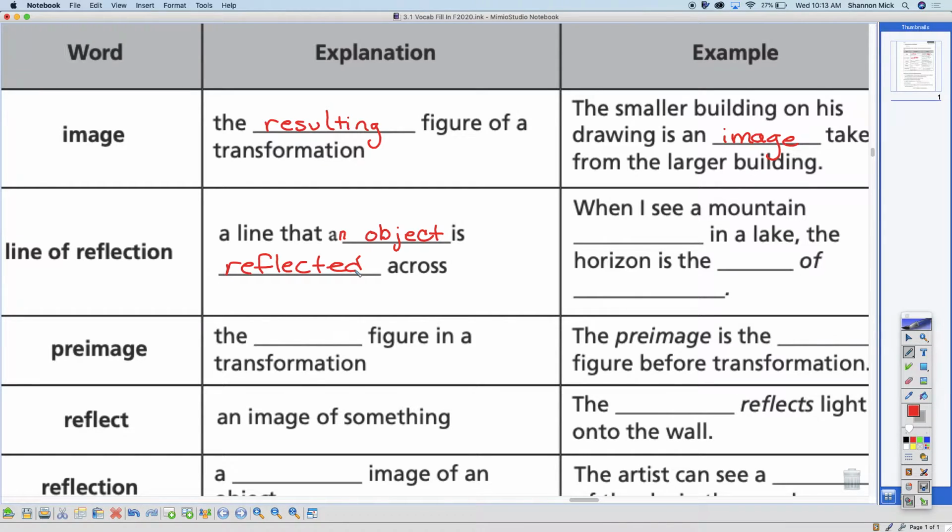Now I think it says, a line that a thing, but a thing sounds weird. Okay, when I see a mountain reflected in a lake, the horizon is the line of reflection.